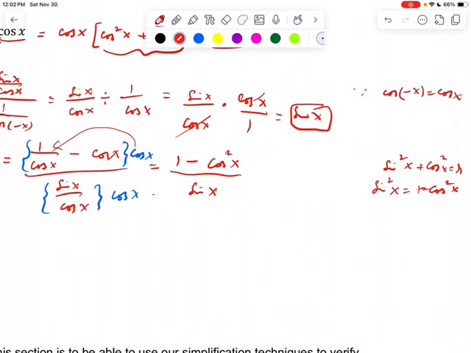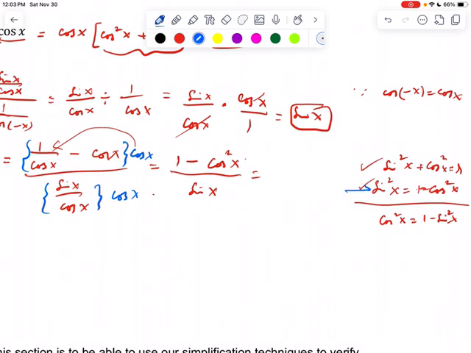One form is the given, another is this form, and a third form, which we are not using here, will be cosine square x is equal to 1 minus sine square x. So now that we have this, I can now say that 1 minus cosine square x is sine square x.